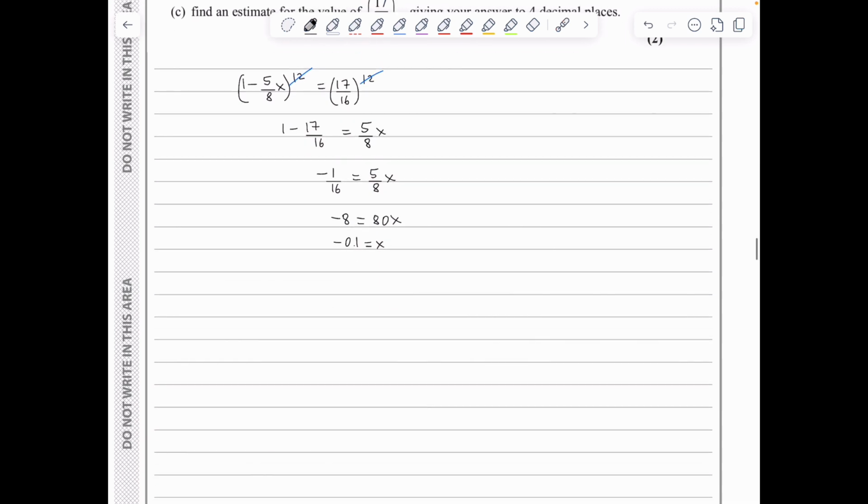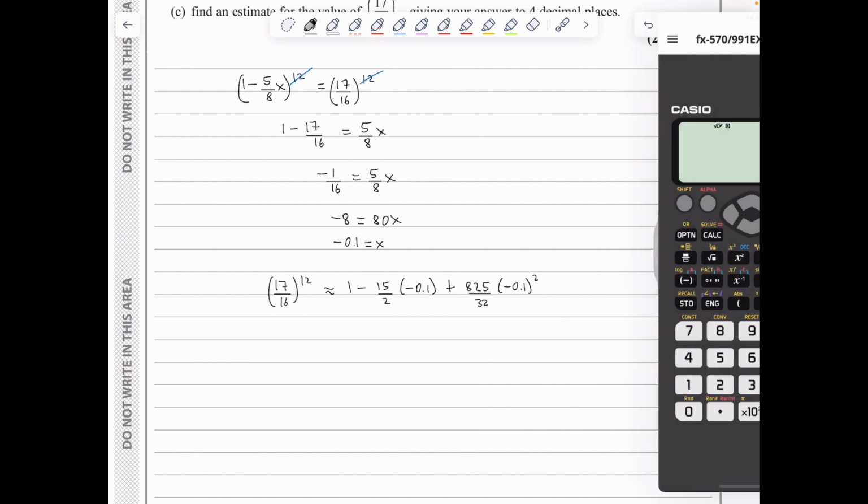So what we are looking at is that 17 over 16 raised to the power of 12 will be approximately 1 minus 15 over 2 times the x, which is negative 0.1, plus the 825 over 32 times the negative 0.1 squared. So let me go on my calculator.